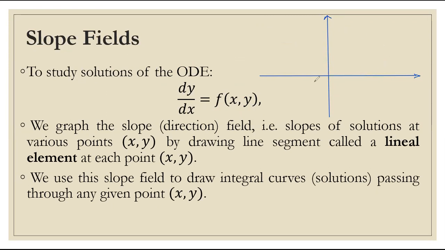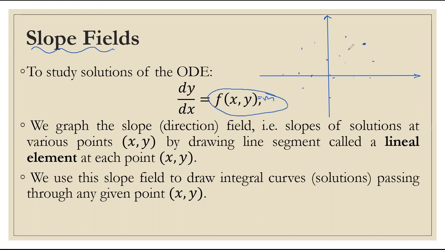You have in this plane a lot of points, for your function f. The word slope field means that in each point here, you have to draw a small line segment with a specific slope.